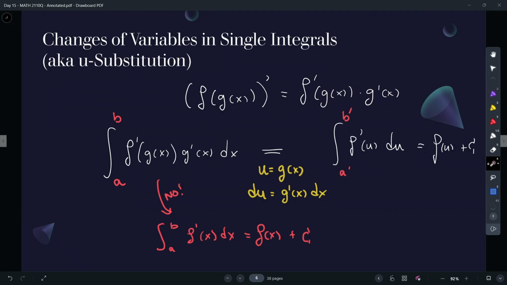What is actually happening is, if you remember what we did when we changed variables to polar coordinates, to change it successfully to polar coordinates, we had to change by a factor for the conversion from one region to the other.